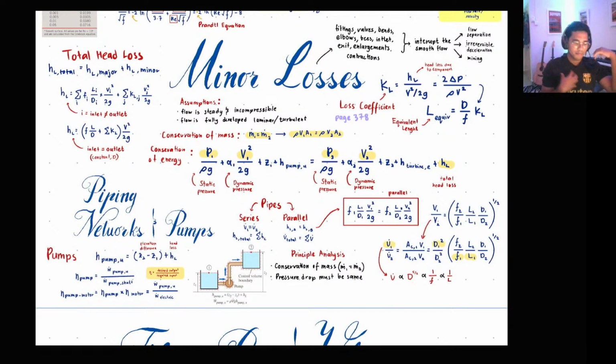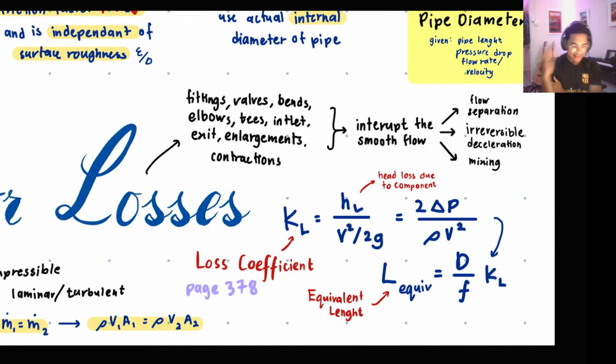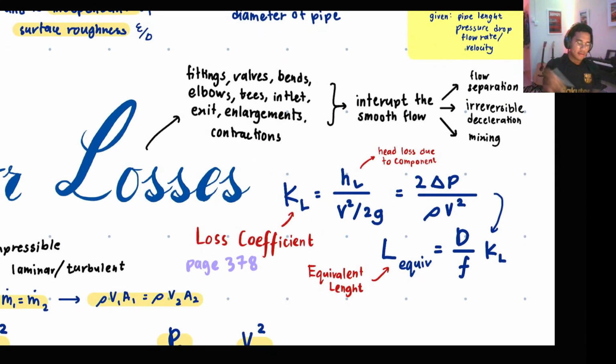So minor losses. What is a minor loss? Minor losses come from fittings, valves, bends, elbows, tees, inlet, exit, enlargements, and contractions. What do these components do?